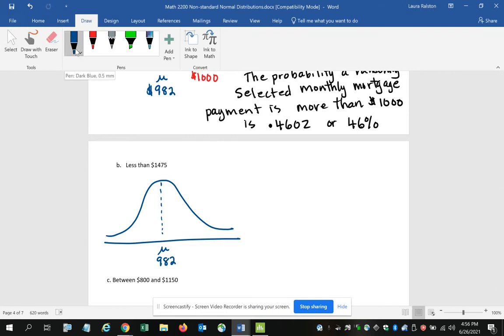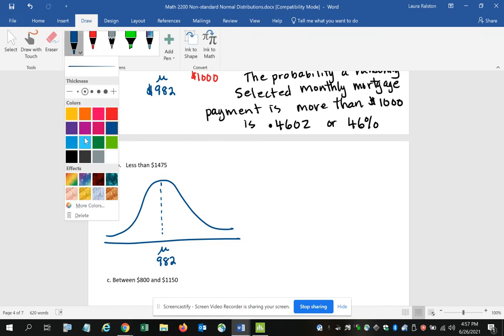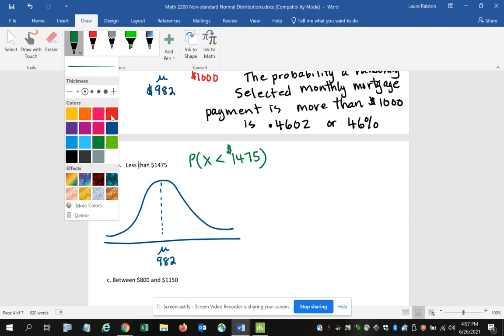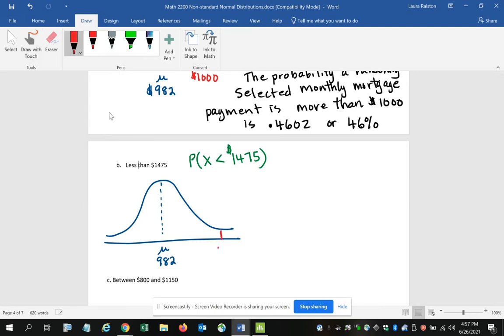It says, what's the probability that my mortgage payment is less than $1,475? So again, thinking about my graph, 1475 is going to be over here to the right, but I want to be less than that.